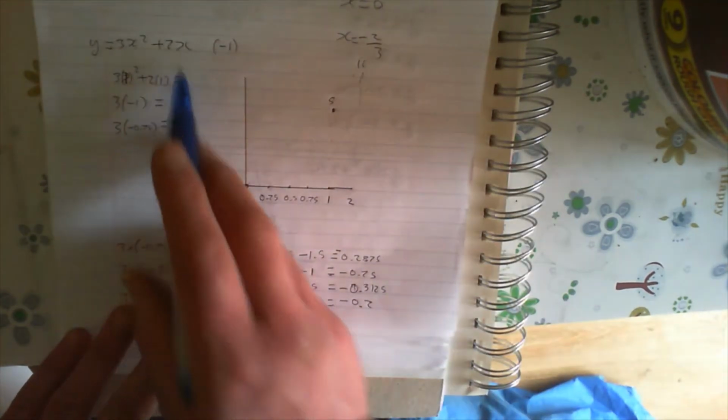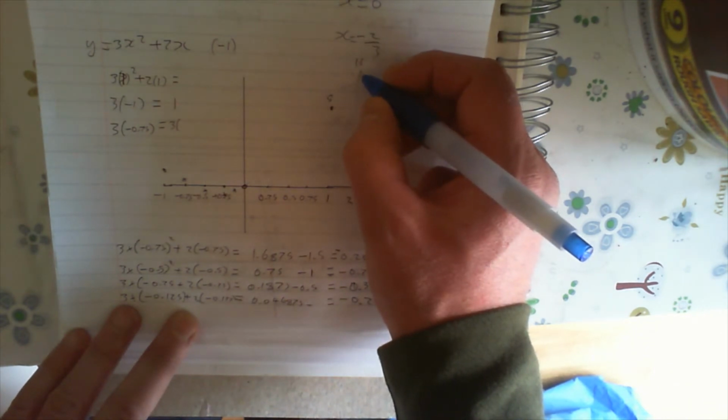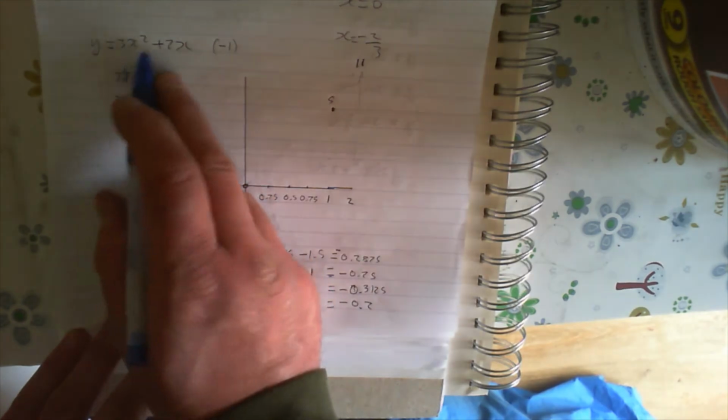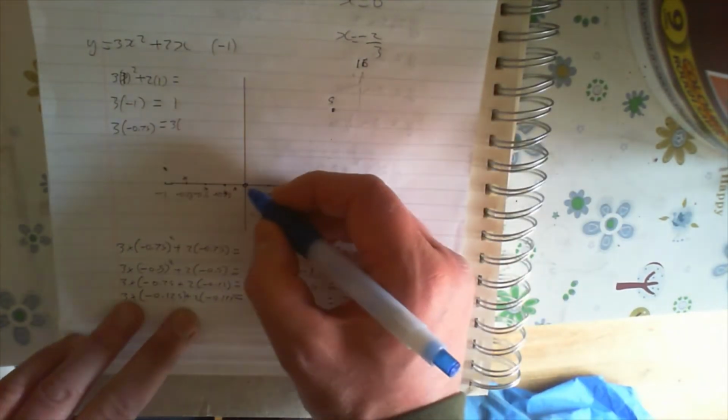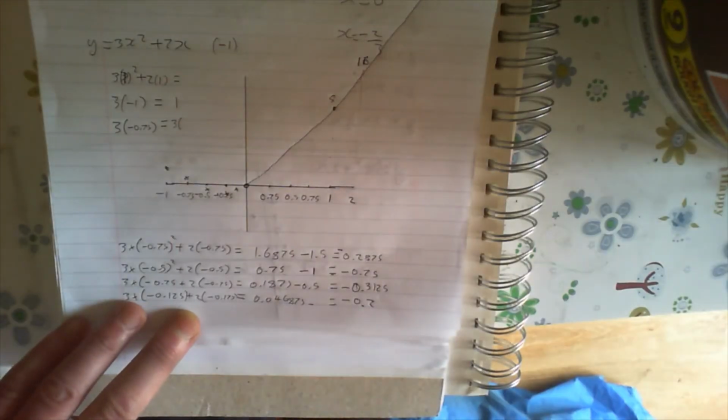If you put 2 in there, that goes up to 16 actually. So this kind of goes like that, away off to infinity, I suppose. The bigger that gets, the bigger that will get.